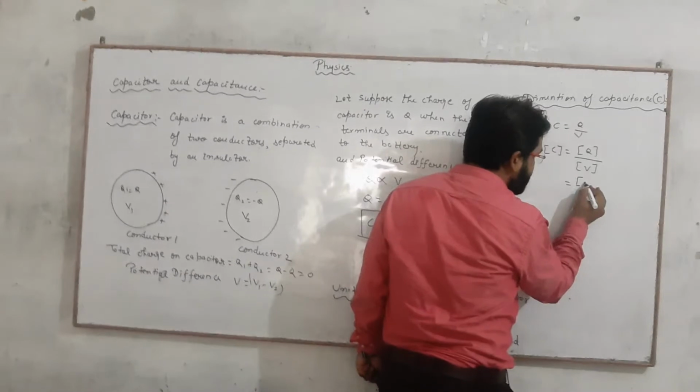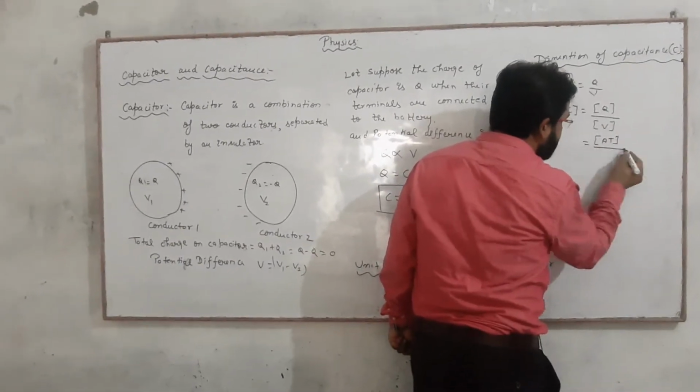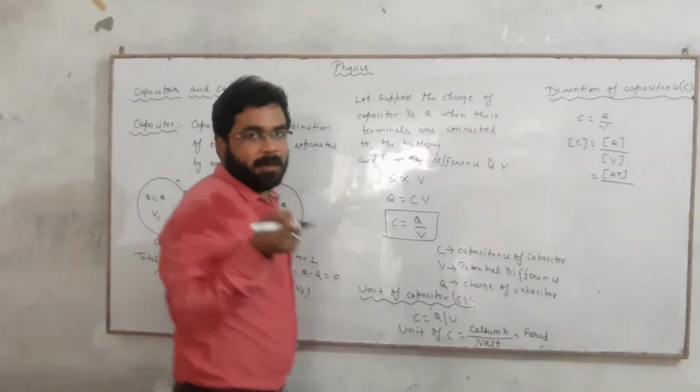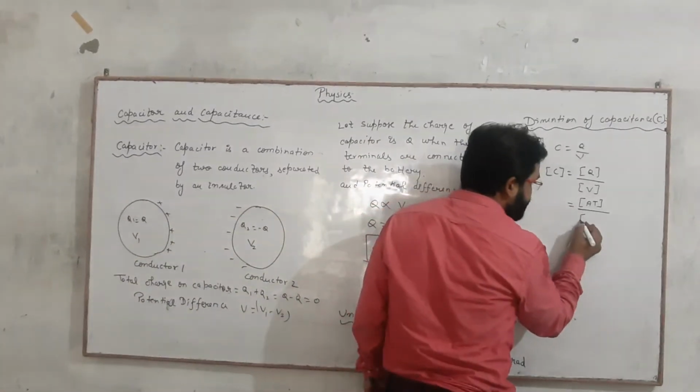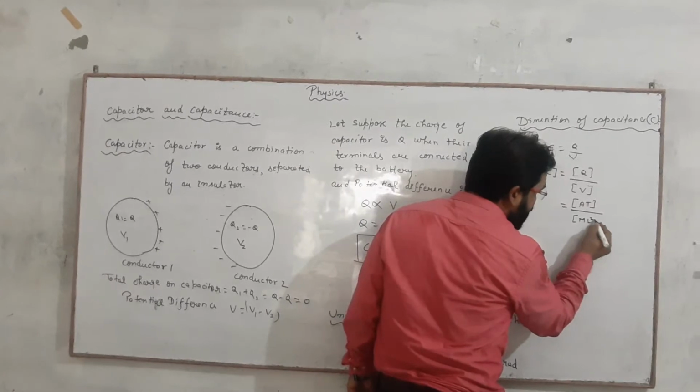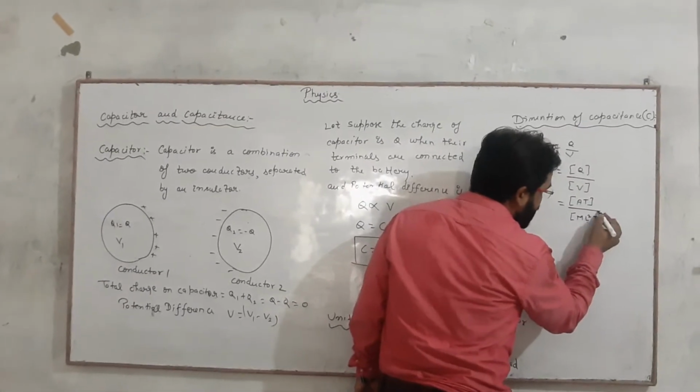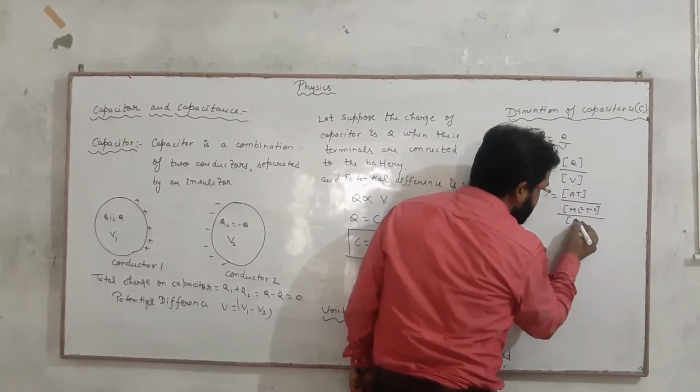So the dimension of Q will be AT. And V, the potential difference, you have studied, V is equal to W by Q. So it is the dimension of W upon Q, and the dimension of W is ML²T⁻², and the dimension of Q is AT.